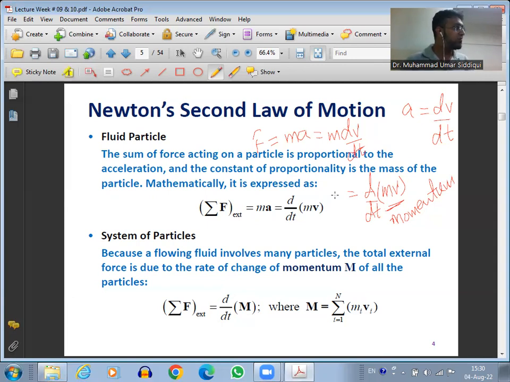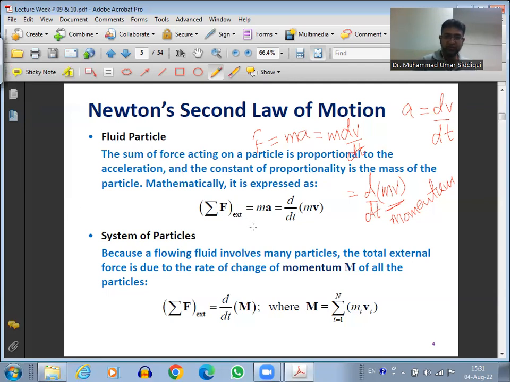But right now, the momentum is important here because the rate of change of momentum is actually directly linked with the forces applied. So do you get the relationship between the rate of change of momentum and the forces applied over the fluid system? This is what's discussed here.